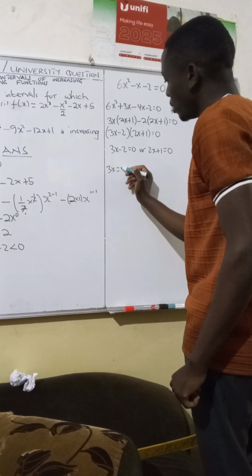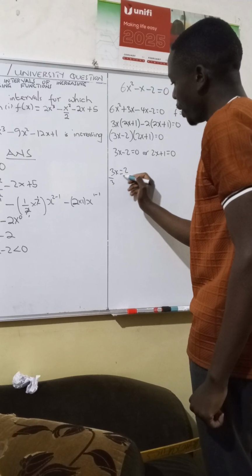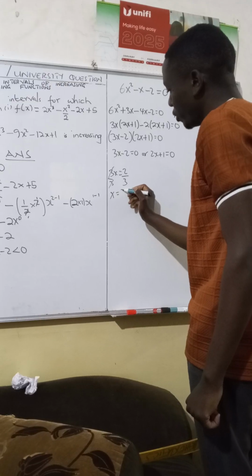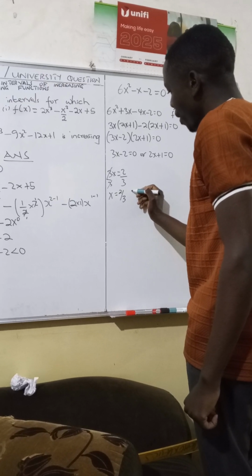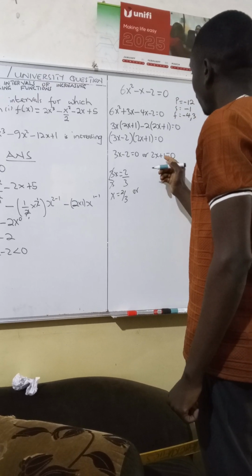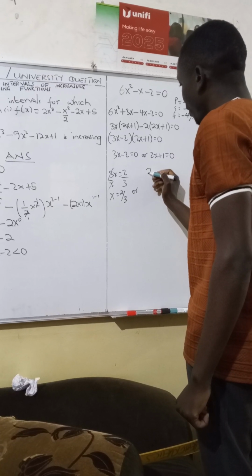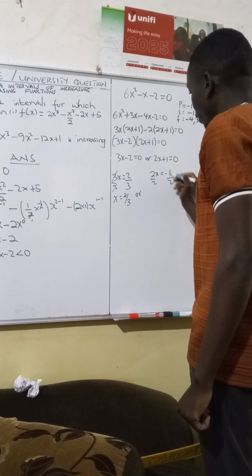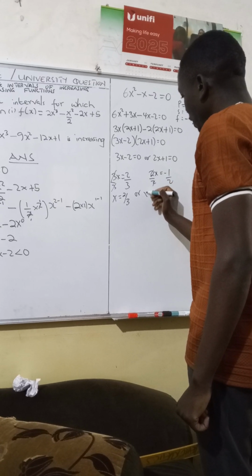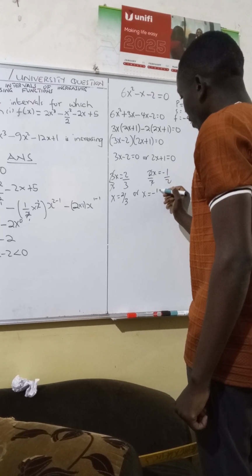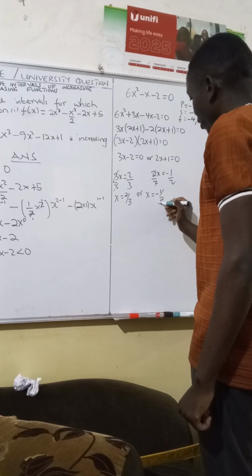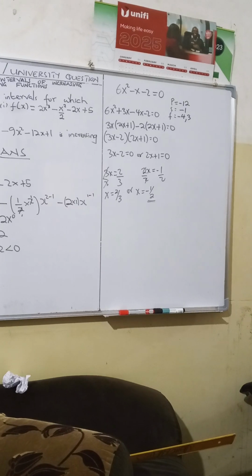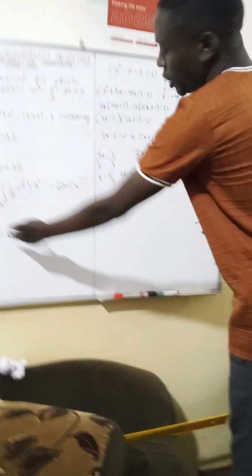That comes together. 3x is equal to 2, and it is divided by 3, so x is equal to 2 over 3, or when the 1 goes to that side, I'm going to have 2x is equal to negative 1, so x is equal to negative 1 over 2. Okay? So now I found the critical values of x of this function.